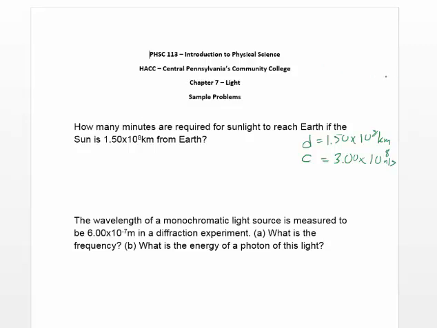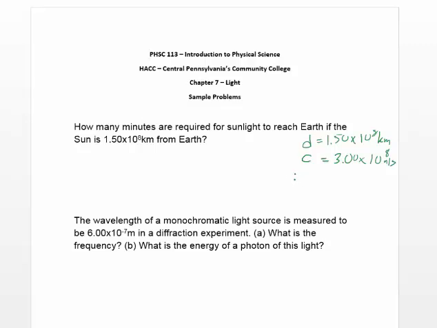So, what do we need to do here? One difficulty is that we have 2 different units. We have the distance in kilometers and we have the speed of light in meters per second. We have to change one of those. There are 2 different ways to do this. We can change the distance into meters, or we could change the speed of light into kilometers per second. Let's change the distance into meters.